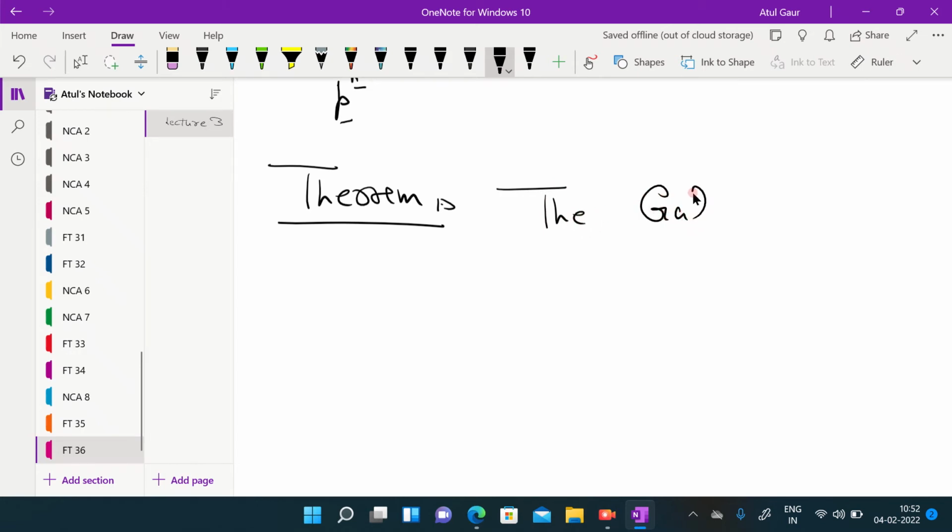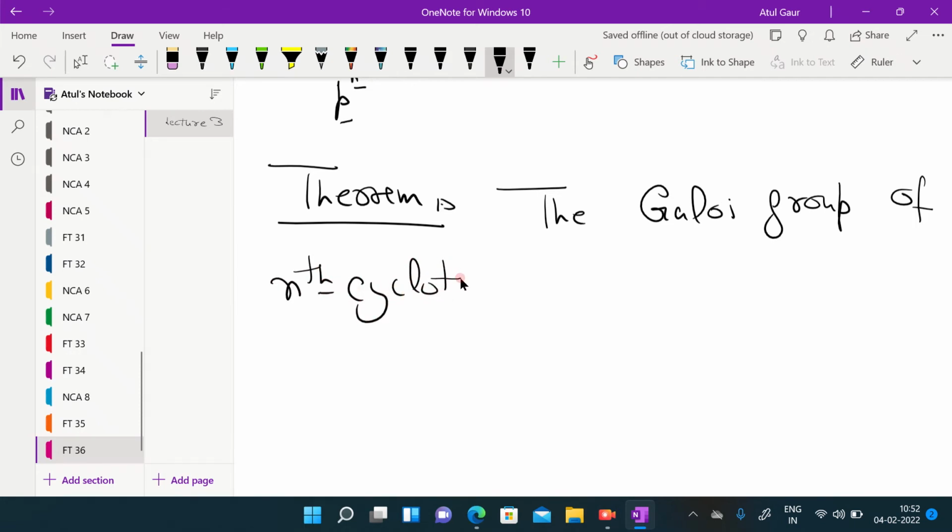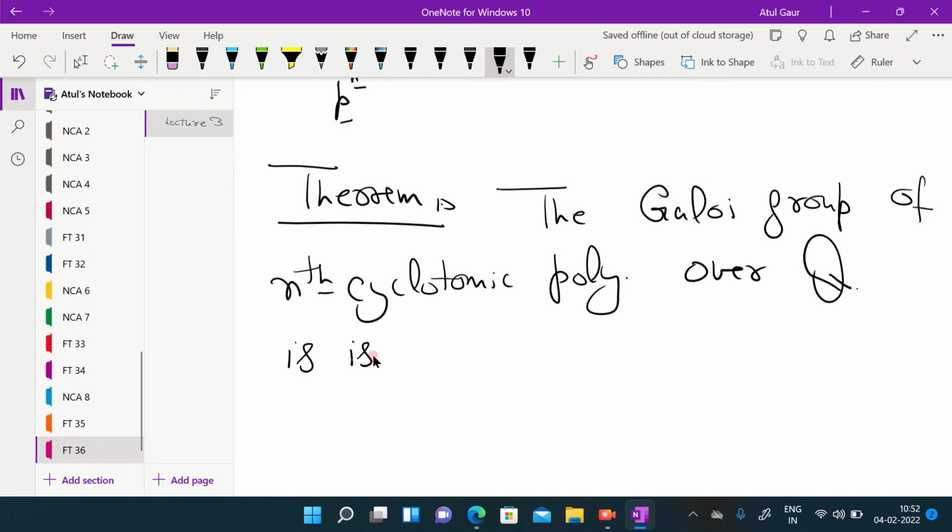The Galois group of the nth cyclotomic polynomial over Q is isomorphic to Un.